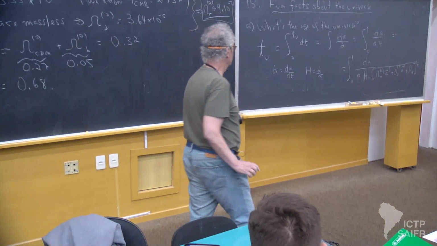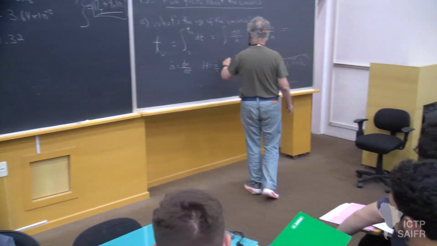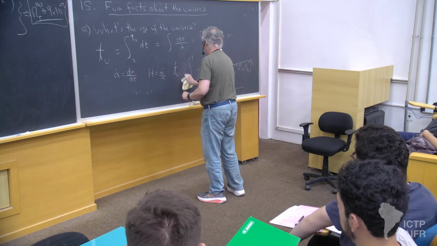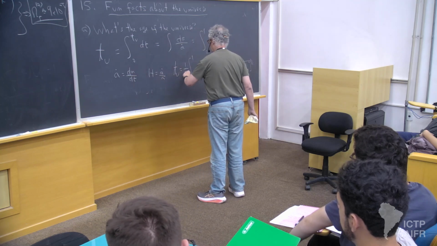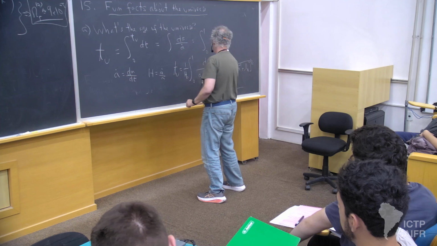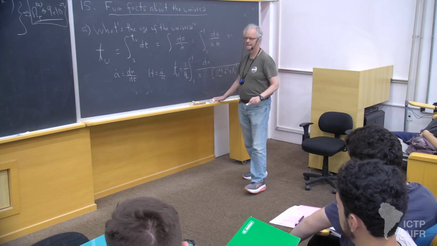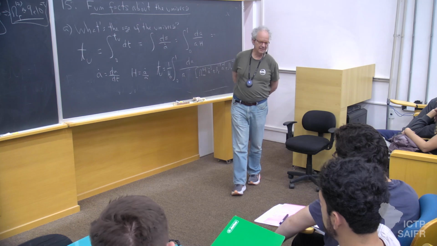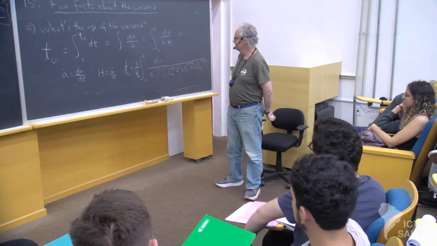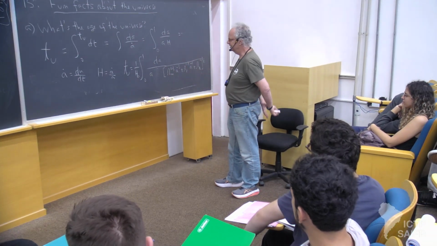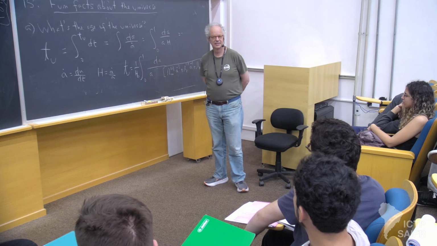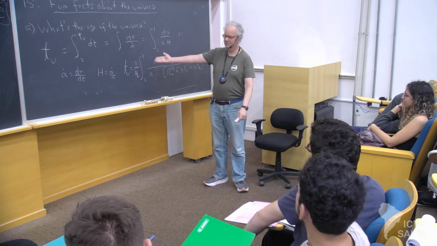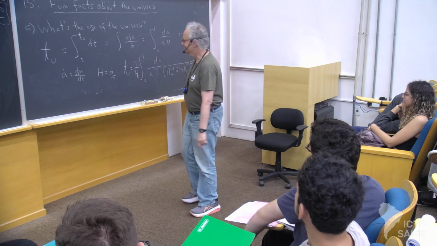So the age of the universe is this thing. I can take the constant 1 over H0 outside this integral. So what gives you the dimensions or the scale of the age of the universe? Yeah, 1 over H0. So what is H0?